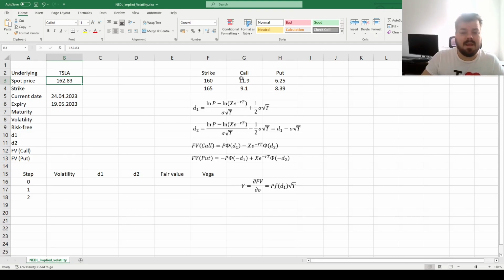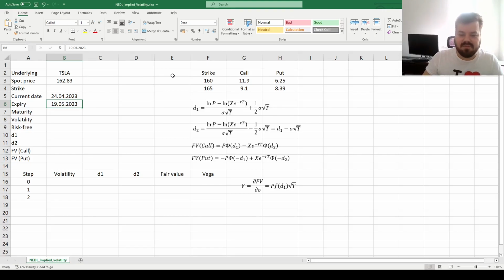And we have got data on the most recent premium on both call and put options. Those call and put options are all for 19th of May expiry, so around a month until expiry, and we'll use those option prices to try to figure out what the market believes is going to be the level of volatility of Tesla returns in the nearest month.